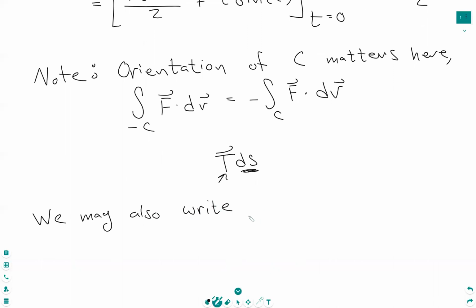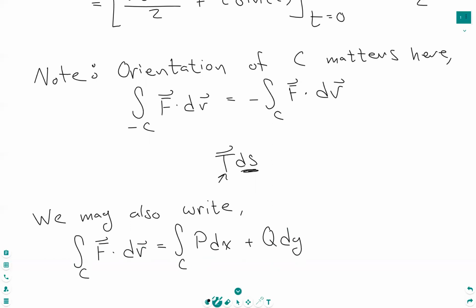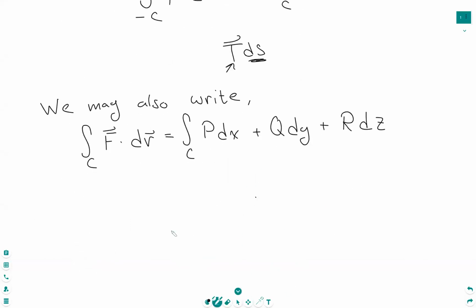We may also write that the line integral of f dot dr is equal to the line integral over c of p dx plus q dy plus r dz, where f is equal to p, q, and r as their component functions.